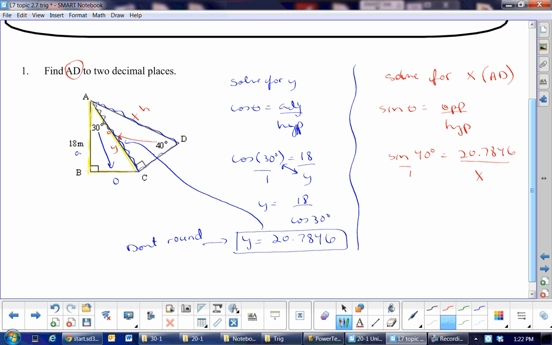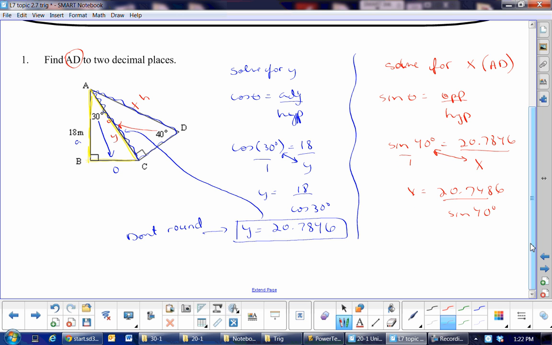And that's over 1. Again, these two can trade. So x would equal 20.7846 all over sine 40 degrees. And that would give us the answer of x equals 32.34 meters. And this was meters here too.